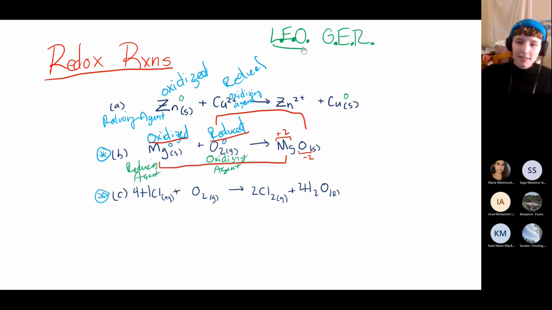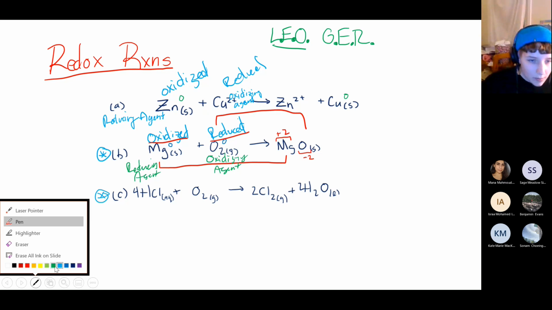Anybody got the answer? Someone's gotta. Oh, here we go. Chlorine is being oxidized and oxygen is being reduced. HCl is the reducing agent and oxygen is the oxidizing agent. Great, perfect. And I won't ask you to explain because I'll assume you've used the same logic we've been using.